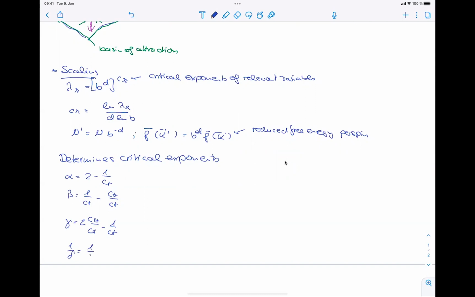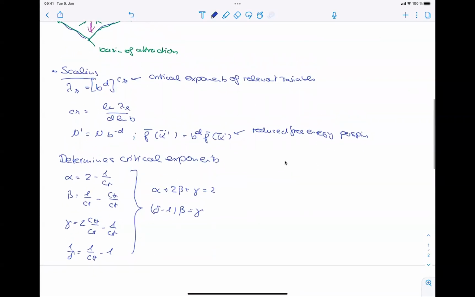And taking them together, we also found these equalities of the critical exponents to hold. And really now we see that it's just these c_k that determine all the critical exponents. They all follow from that.